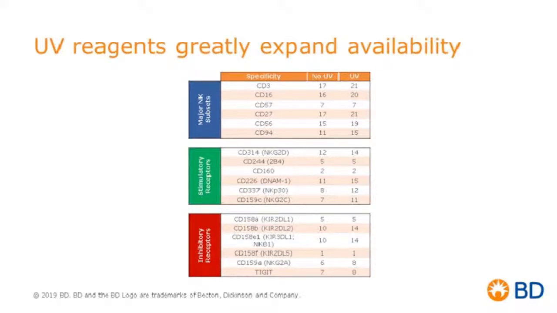So just by introducing now the UV laser and the brilliant UV dyes, you can see that for these specificities, we have increased the number of available reagents, so we can now choose multiple formats and more formats, and that allows us to basically have greater flexibility in designing our panel.